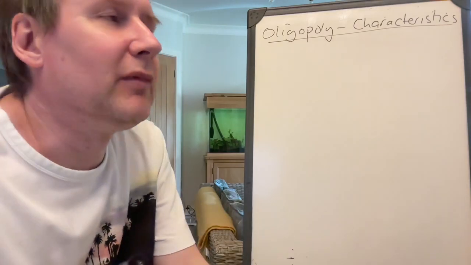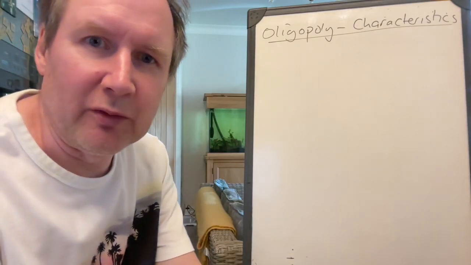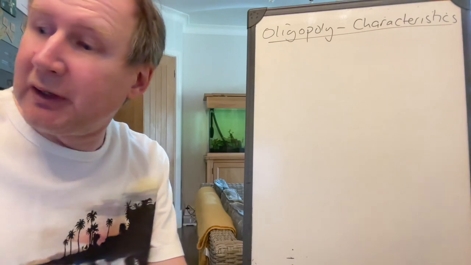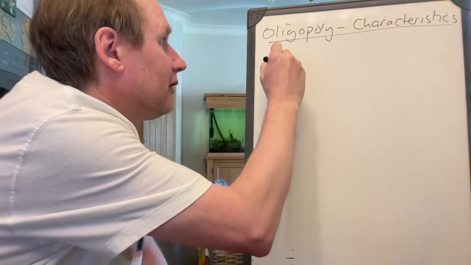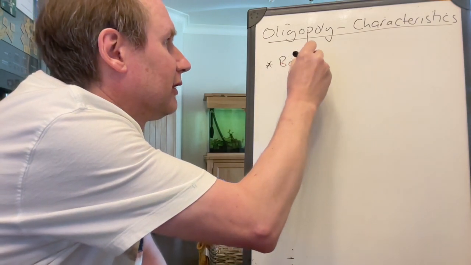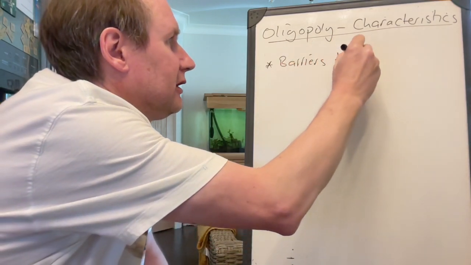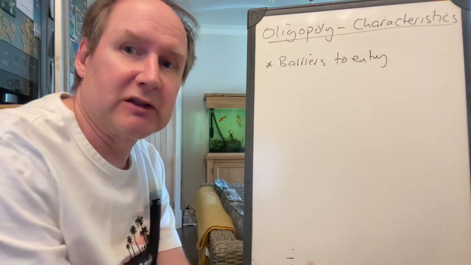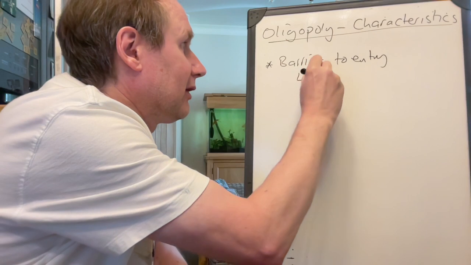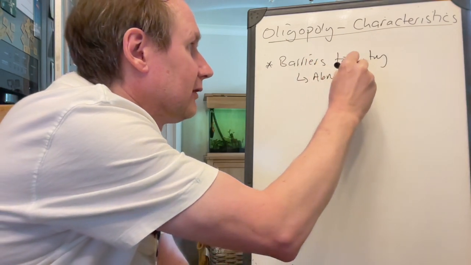So, what is it that marks out an oligopoly from other market structures? Some things it has in common. The key one being, similarly to monopoly, it has barriers to entry, both structural and behavioural, and therefore you'd be expecting there to be abnormal profit in the long run.